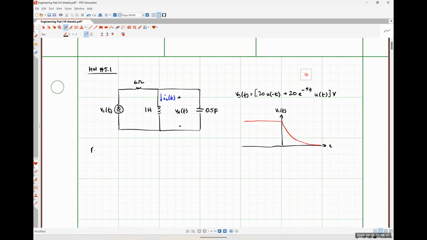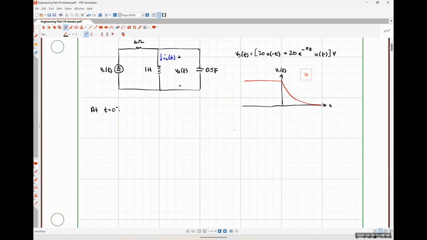So at t equals 0 minus, this is a DC circuit. So we would have a 20 volt source like so. Here's a 6 ohm resistor. Here is my inductance through which my current IL at 0 minus flows. Over here is my capacitor, across which we'll have our voltage Vx of 0 minus, which is the same thing as our capacitor voltage.